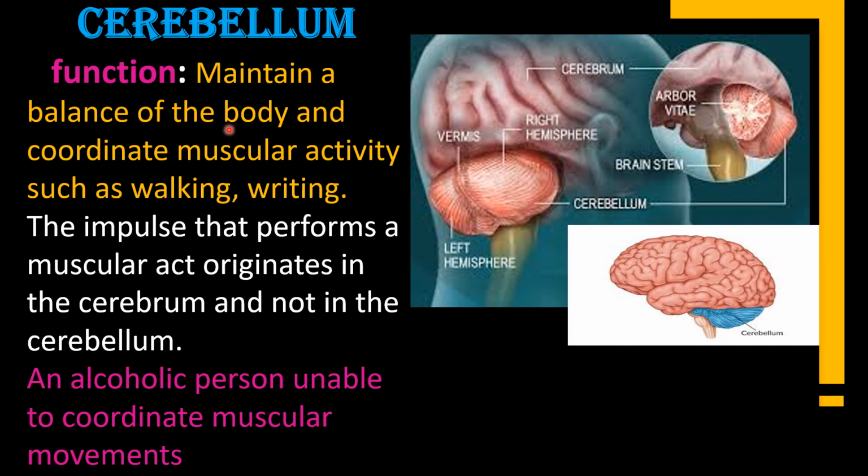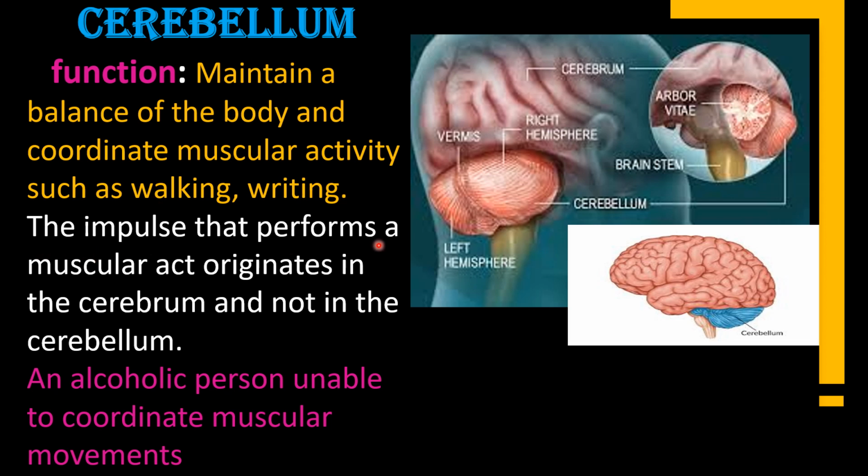What is the function of cerebellum? Cerebellum maintains the balance of the body and coordinates muscular activities such as walking, writing, etc. Very important. Yes, the cerebrum controls muscular or voluntary activity, but the cerebellum coordinates muscular activity such as walking, writing, jumping, running, etc. You have to write the examples also, very important.